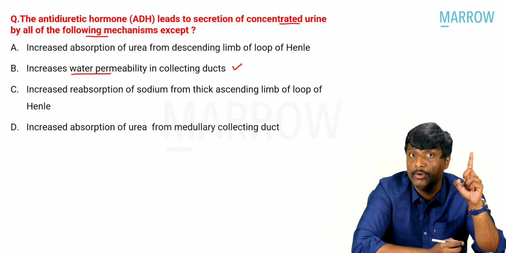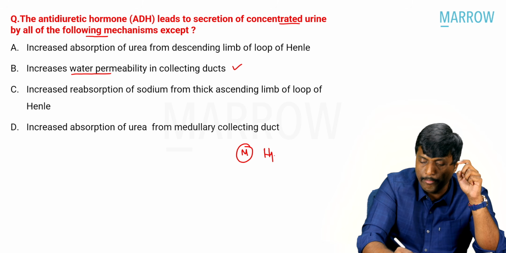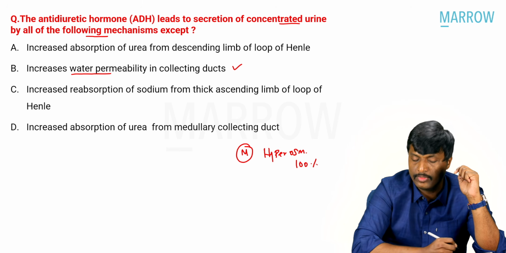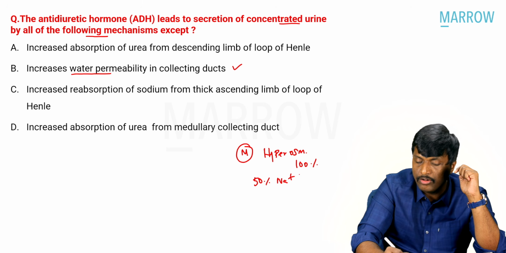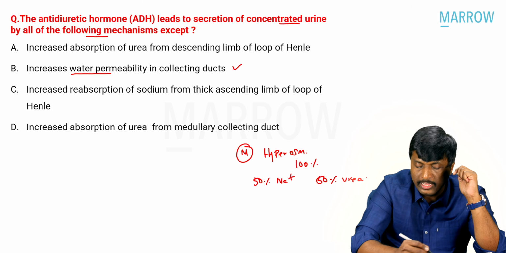Next important thing, remember, we are always interested in something called medullary hyperosmolarity. If you take this as 100%, 50% is contributed by sodium, remaining 50% contributed by urea.